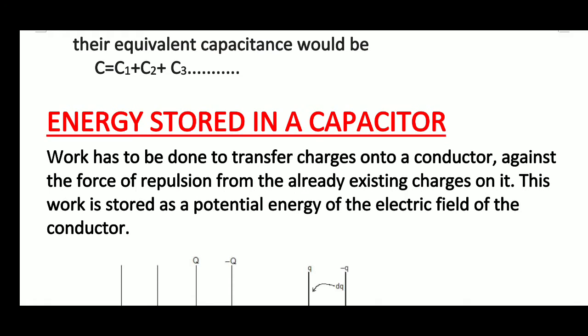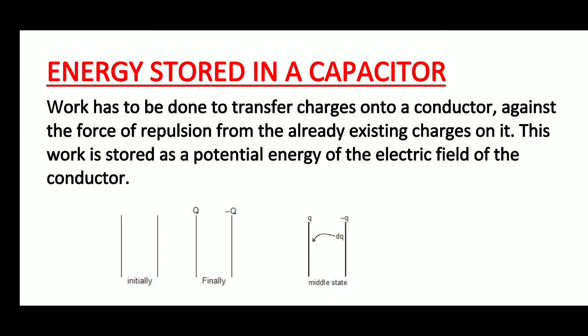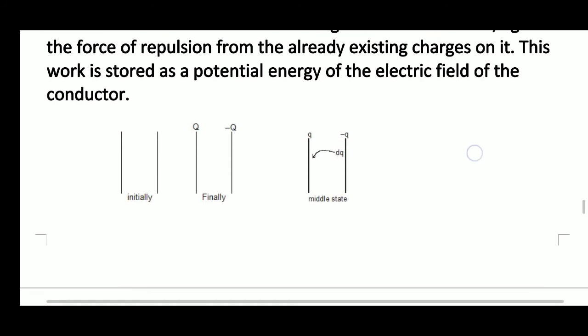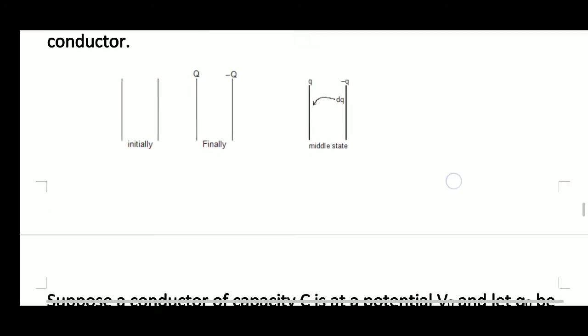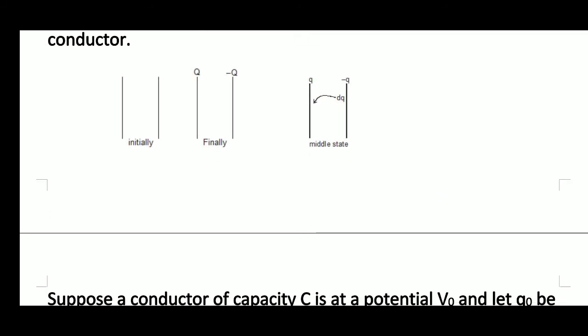The last topic of the chapter is energy stored in a capacitor. Work has to be done to transfer charges onto a conductor against the force of repulsion from the already existing charges on it. This work is stored as potential energy of the electric field of the conductor. Now we have the capacitors.